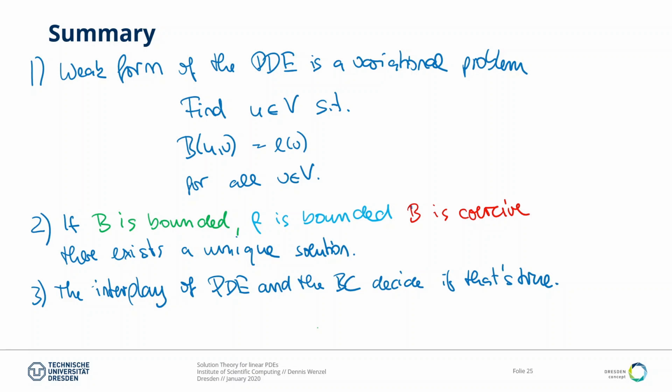Because when talking about PDEs, it's crucial to always talk about the boundary conditions. That's why I've been stressing this fact so much from the beginning, that we always need to write down in which space we are, which boundary conditions we talk about, because they determine if something has a unique solution or not. So you can't just write down the PDE because that doesn't tell you anything.